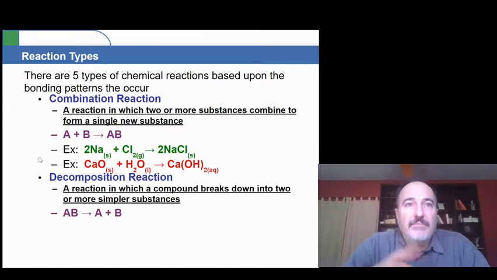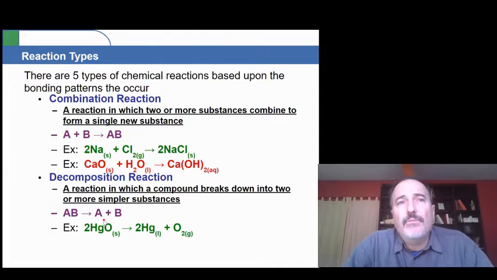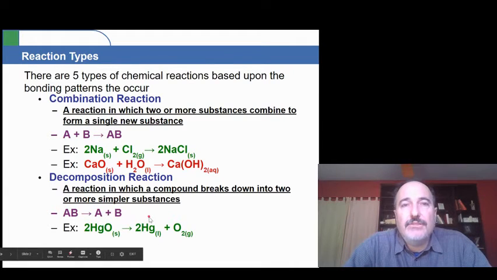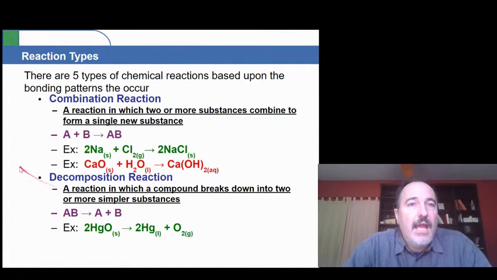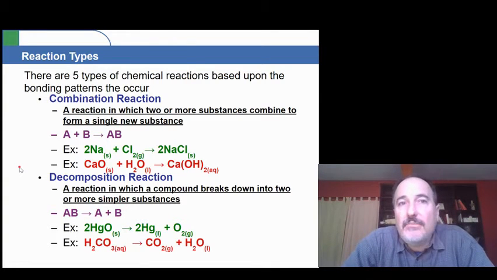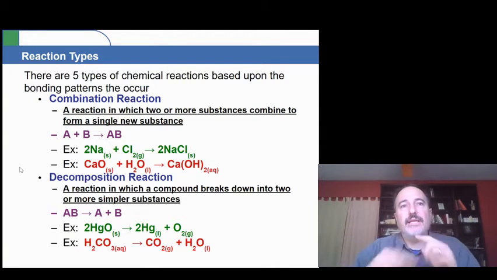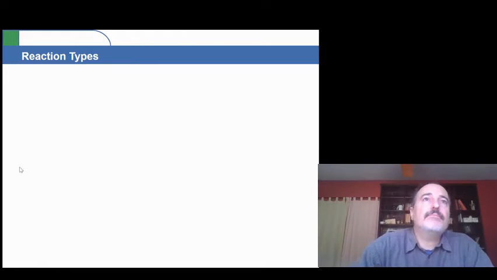So here you have AB breaking down into A and B. For example, mercury II oxide can break down into just mercury and oxygen, okay? And you also have hydrogen carbonate that can break down into carbon dioxide and water. Again, one substance breaking down into two or more.